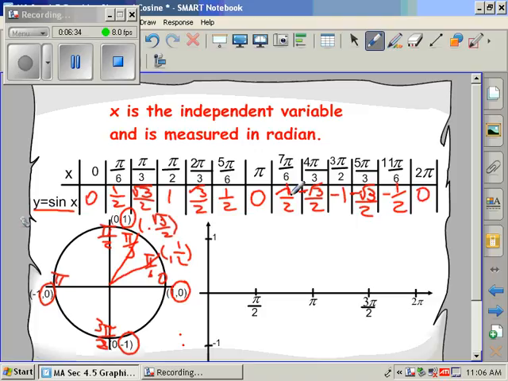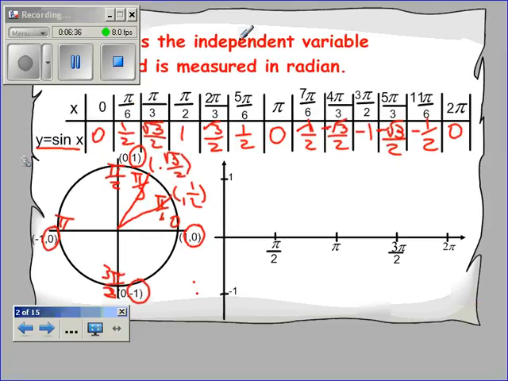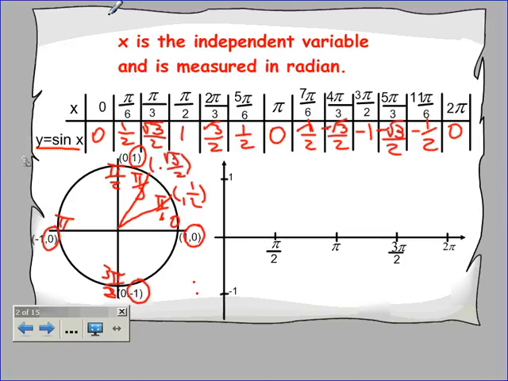Okay, moving back here. Now let's graph. We have our ordered pairs. 0, 0. Here we go. 1/2, pi over 6 is going to be a third of the way over, a third of the way to pi over 2.